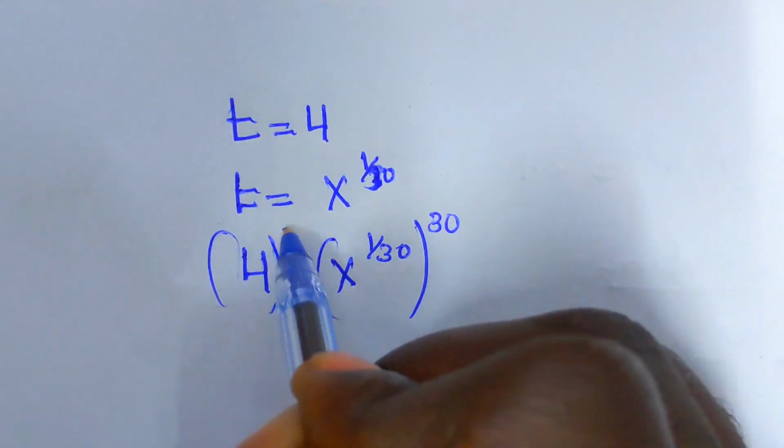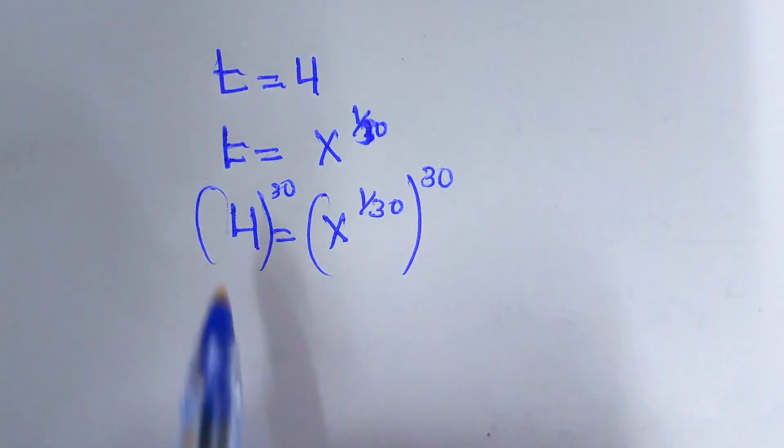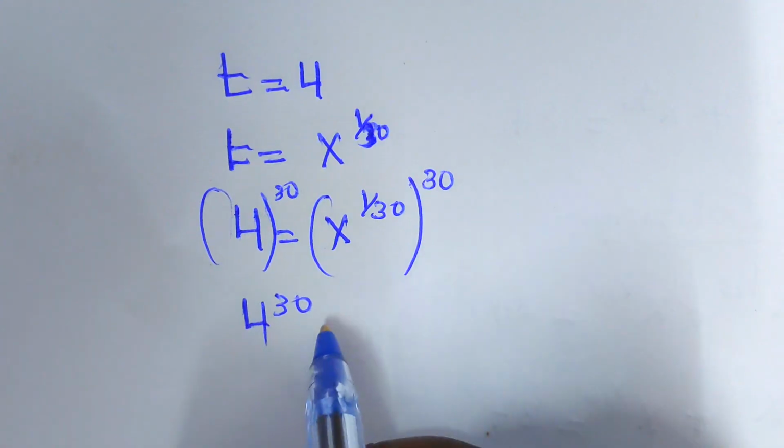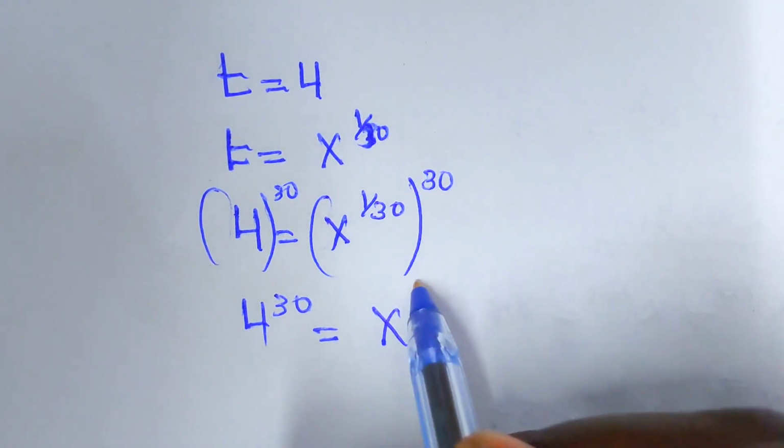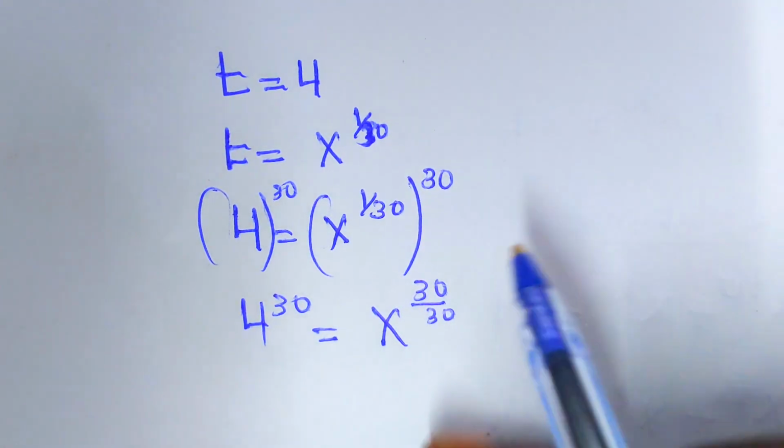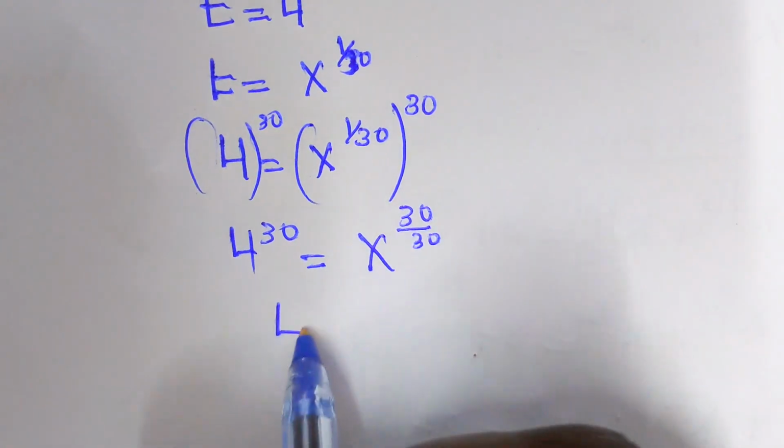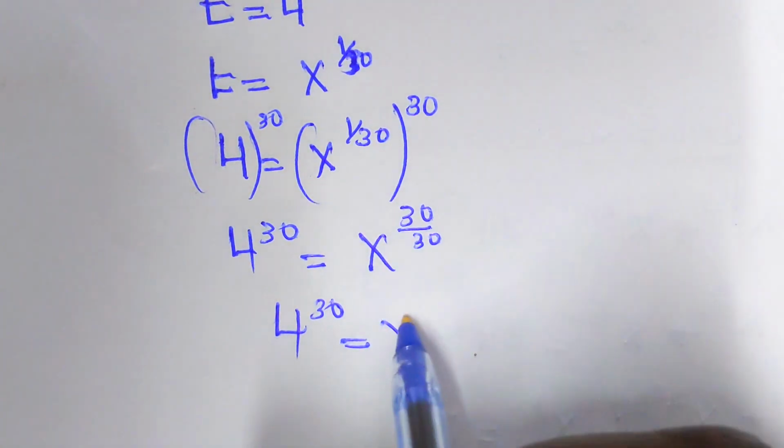So 4^30 equals x^(30/30), and 4^30 equals x.